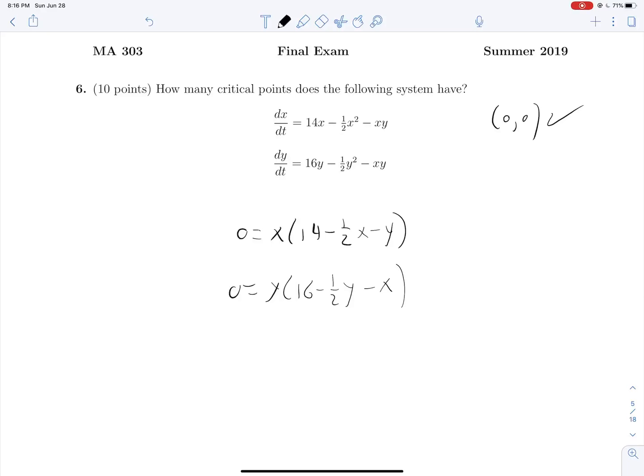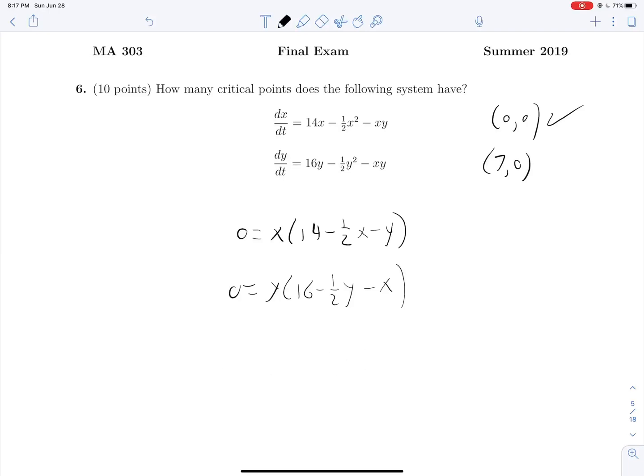Well, if y is equal to 0, this whole equation is 0, and this guy is simplified down a little bit. 0 would be equal to x times 14 minus 1/2 x minus 0 for that y. And so this has solutions for x is equal to 7 and x is equal to 0. Well, x and y both equal to 0? Well, we already have that. That's our 0, 0 point. But 7, 0 is a new critical point for us.